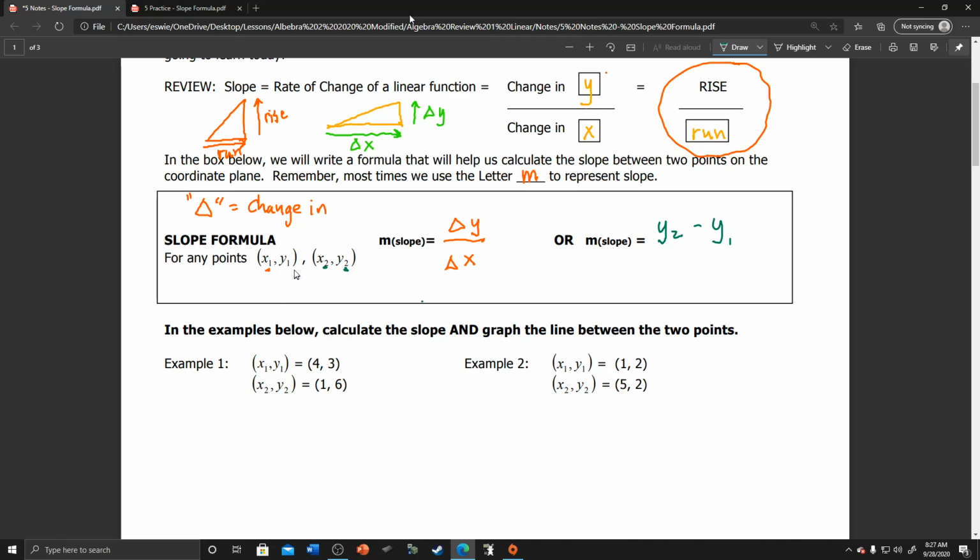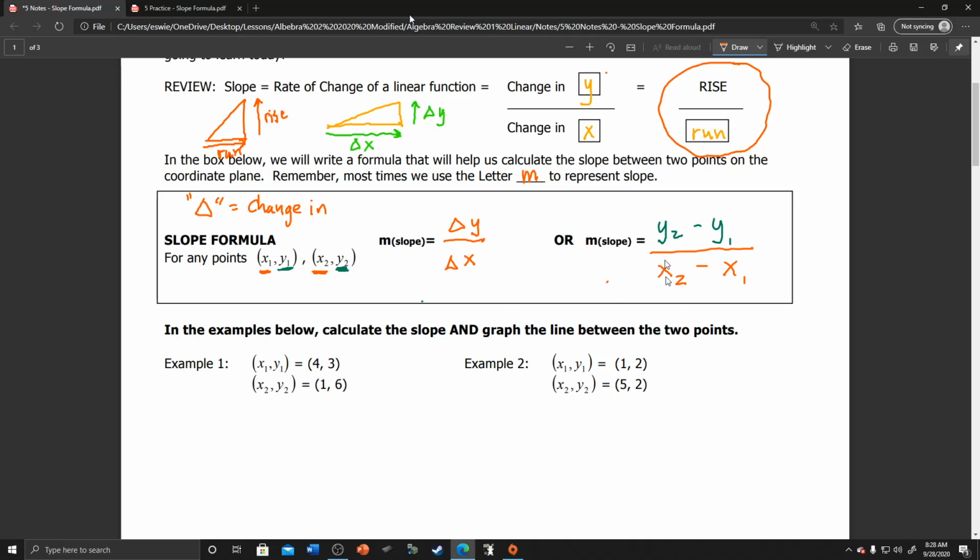So keep these colors the same, y1, y2, and then it's going to be over the change in the x value. So I take the final x value, x2, and I subtract the first one, x1.